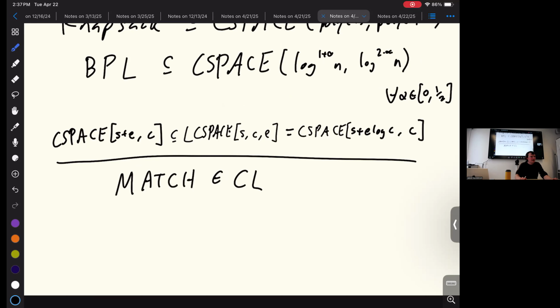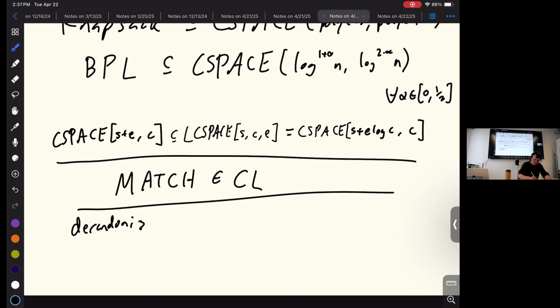But this is still talking about catalytic. What can it actually do in the non-catalytic world? There are 2 lines of work, one of which I know very little about, and one of which I know quite a bit about. De-randomization of BPL. This has been a problem that's been attacked from all angles over many, many years. But in particular, it's seen a big revival in the last maybe 5-6 years.